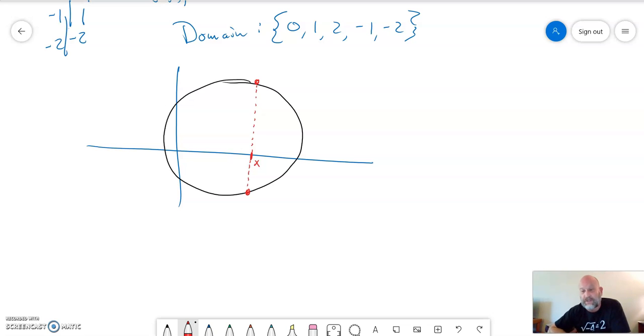So one of the things you can do if you're just looking at a relation and trying to tell if it's a function is the vertical line test.